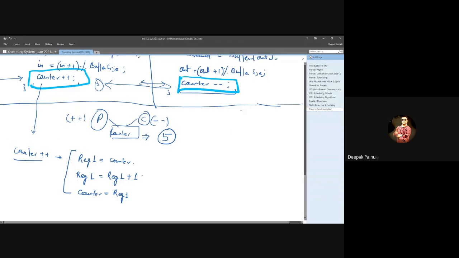So at the lower level, these three statements will run for this single counter plus plus. In the same way, for counter minus minus, what is happening underneath? Let's say the consumer is using register number 2 for counter.